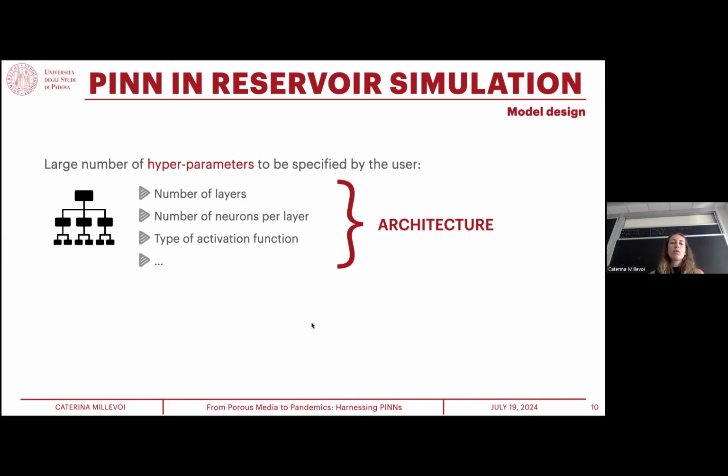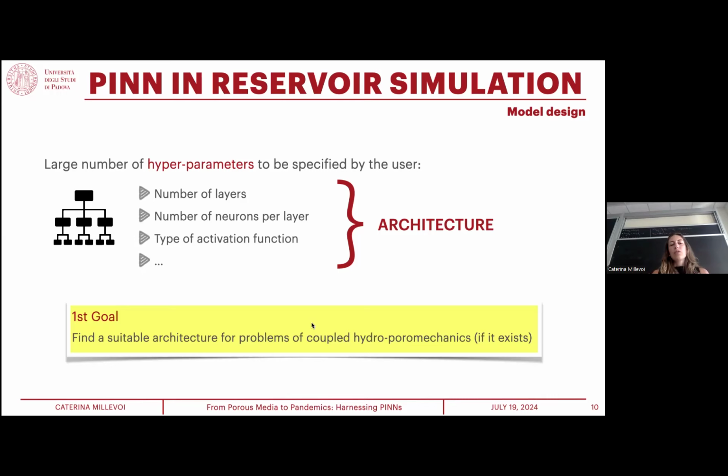Those choices correspond to different values of the hyperparameters defining this architecture, for example the number of layers, the neurons per layer, the type of activation function, and so many other hyperparameters you can set. And so our first goal was to try to understand if there exists a suitable best architecture for this kind of problem in geomechanics.